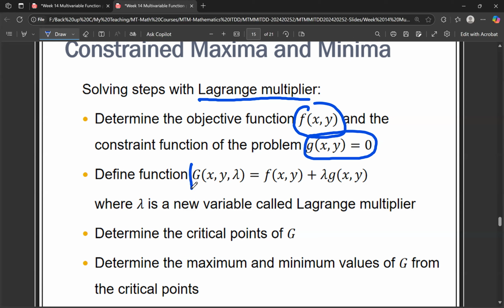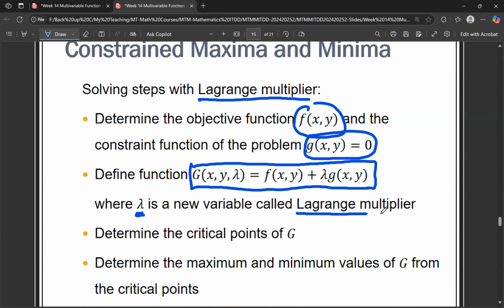And so we must have a Lagrangian function like this: we add f(x, y) plus lambda g. This variable is called the Lagrange multiplier. So this is called the Lagrange function.